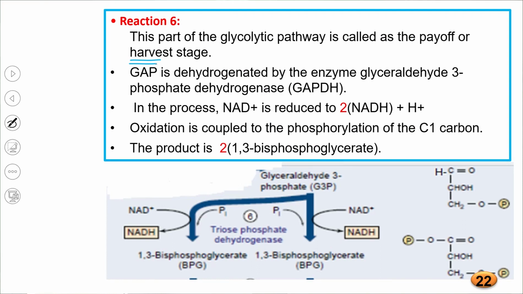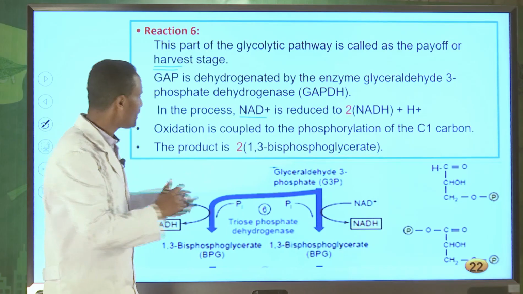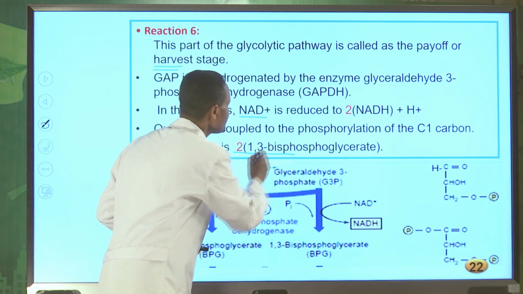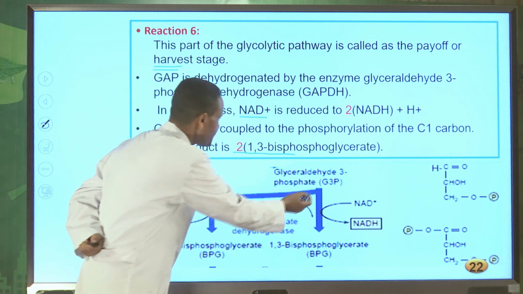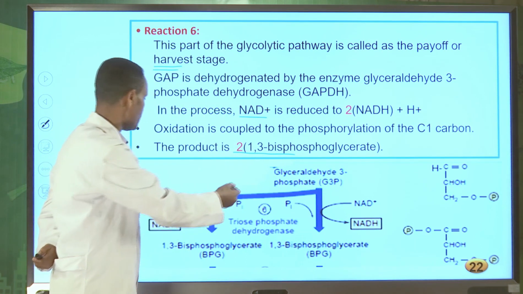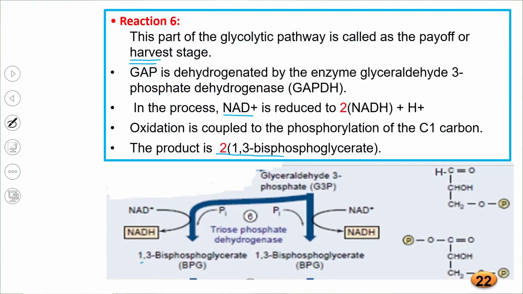In the process, NAD positive is reduced to NADH, and oxidation is coupled to the phosphorylation of carbon. Then the product is 2 molecules of 1,3-bisphosphoglycerate. It is 2 molecules because 2 were cleaved from the glucose in the 5th reaction.